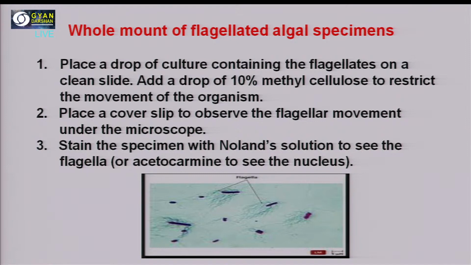Place a drop of algal culture, or any flagellated culture, on a clean slide, add a drop of 10% methyl cellulose to restrict the movement of the organism, and place a cover slip to observe the flagellar movement under the microscope. Stain the specimen with Noland's solution, and as you can see in this diagram, you can clearly visualize the flagella using this stain.